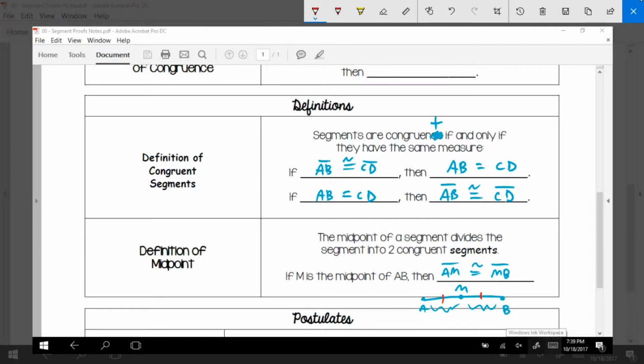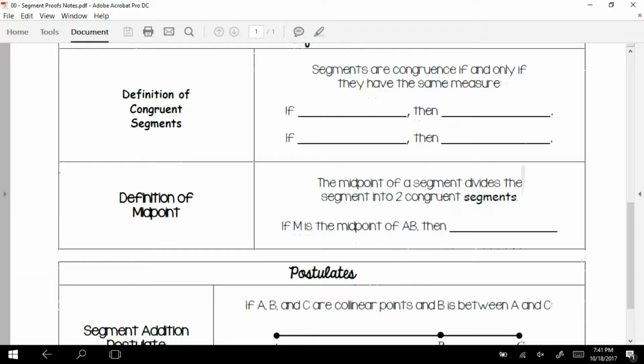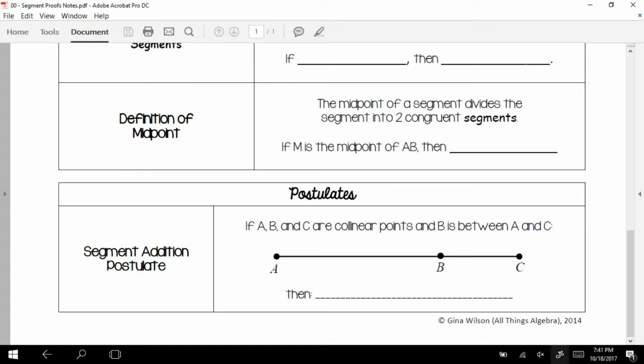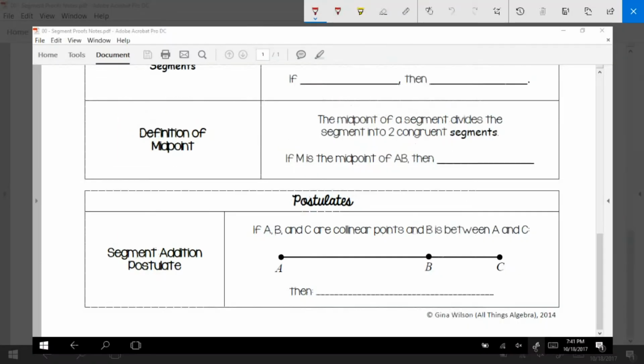Alright, let's go on. Now, the postulate. This should also be a review. The segment addition postulate. We had a whole test over this one, guys. If A, B, and C are collinear, like this picture, that means they lie on the same line, and B is between A and C. That doesn't mean it's the midpoint.